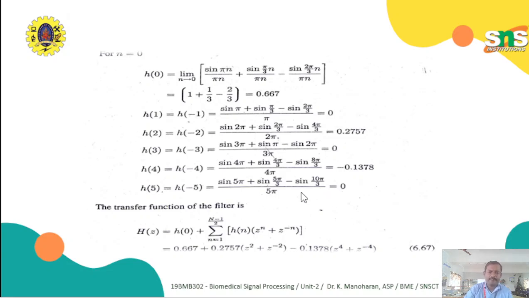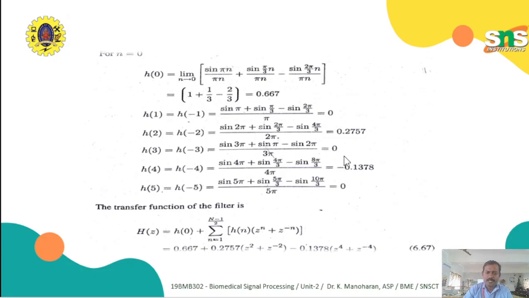Now we can find the filter transfer function. We know that H of z equals h of 0 plus summation of n equal to 1 to (N minus 1) by 2 of h of n into z power n plus z power minus n. So look at this, h of 0 we have the value, h of 1 we don't have a value, h of 3 also we don't have a value, h of 5 also we don't have a value. So we have values only for h of 0, h of 2 and h of 4. So we can substitute. I am substituting the h of 0 value as 0.667. Now I am going to substitute the values for h of 2 and h of 4 inside this.